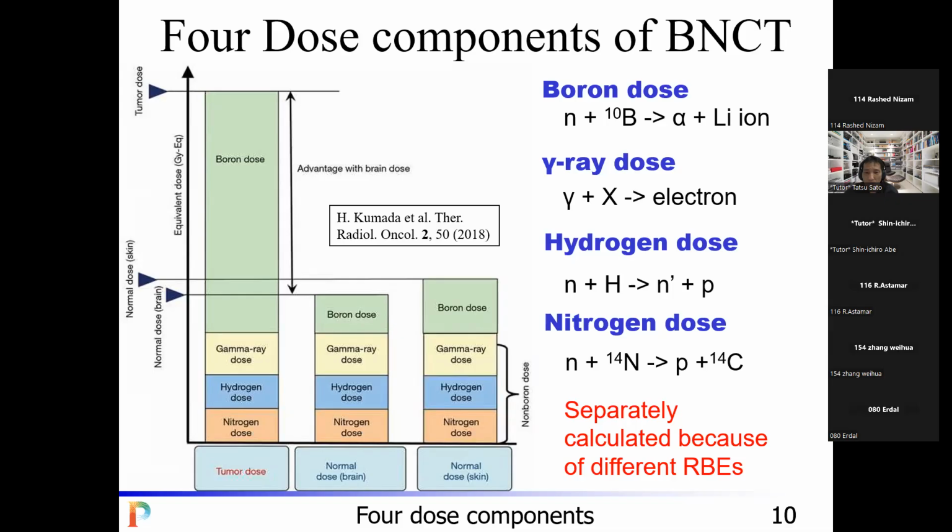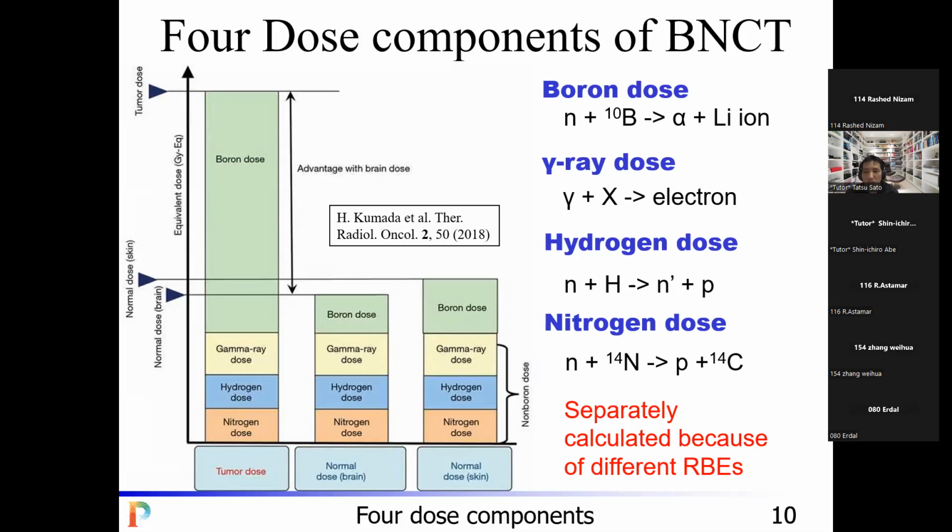The boron dose in the skin is a bit higher than normal dose in brain. So I cannot understand why. Would you please? Okay. So this is simply because, I will explain later. Okay, thank you. So this is maybe so.